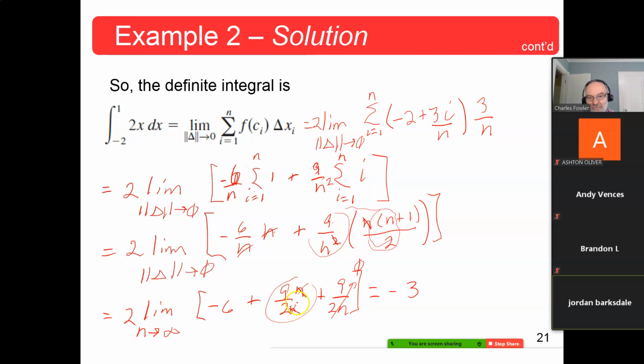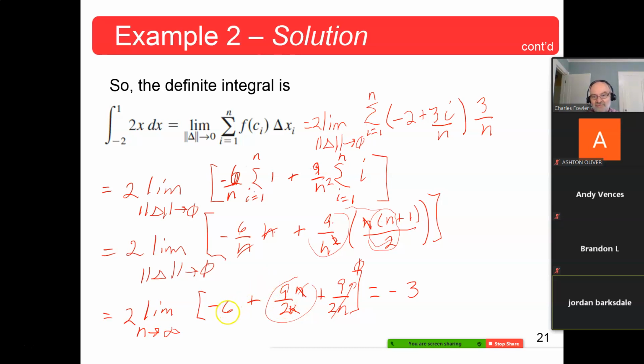Now here the n's went out, here there was no place for this n to go, so as n goes to infinity, 9 over 2 times an incredibly large number is going closer and closer to 0. Anytime you have a denominator getting bigger and bigger without limit, that's going to 0. But you wound up with a minus 6 here and a plus 9 halves here.